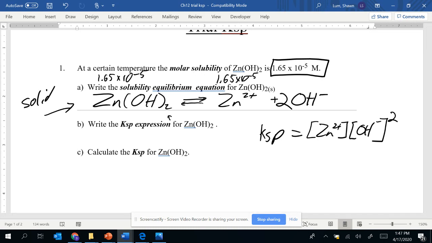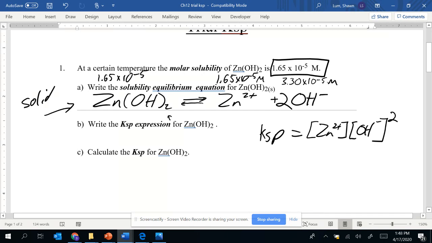Now, the hydroxide is going to be twice as much because it's a 1-to-2 ratio. So 1.65 times 2 is equal to 3.30, so this is going to be 3.30 times 10 to the negative 5. Okay, and so that's the molarity of these things.